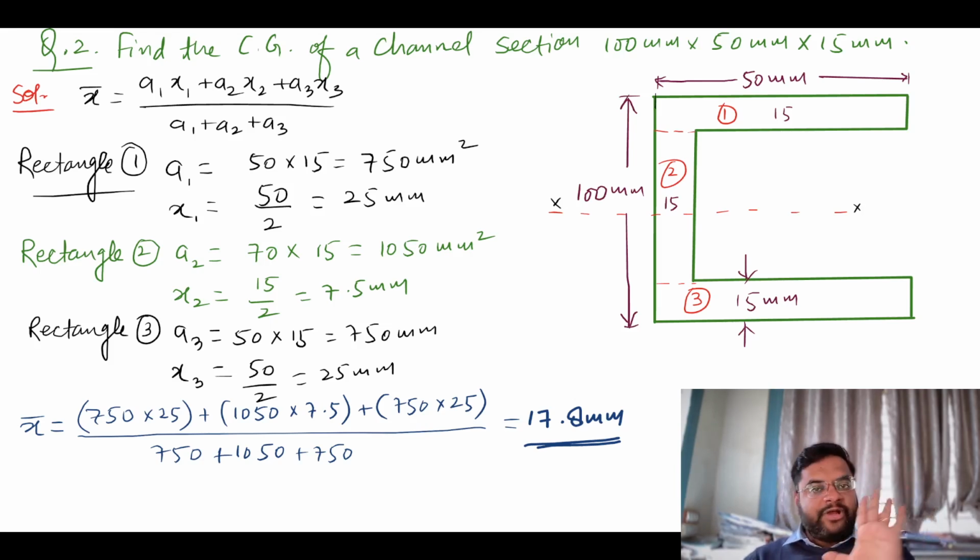The formula is the same, so v1 x1 plus v2 x2 plus v3 x3 divided by v1 plus v2 plus v3. In 2D figures we find area, but in 3D figures we find volume, and the whole process is the same. Okay.